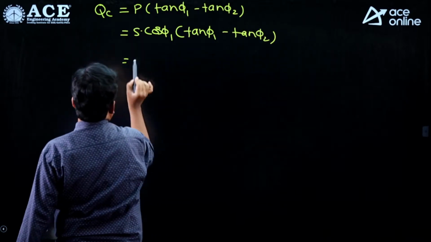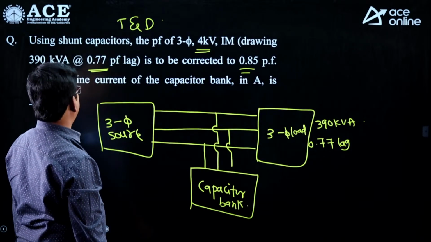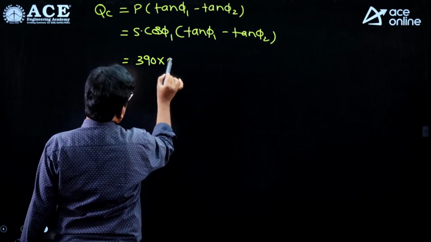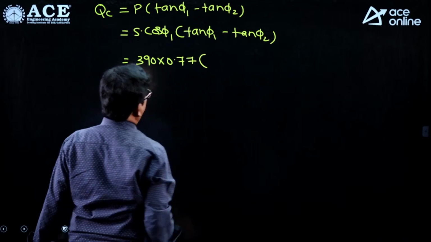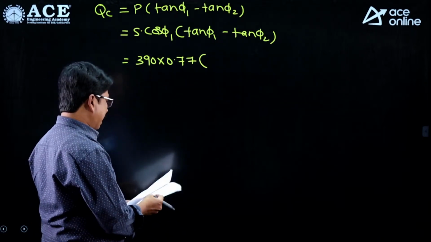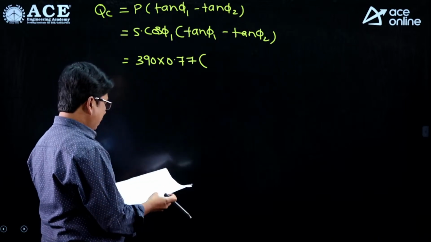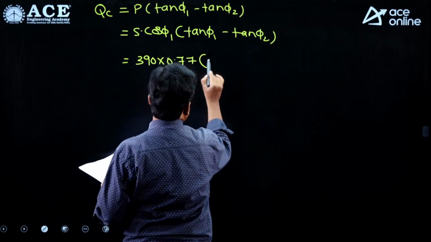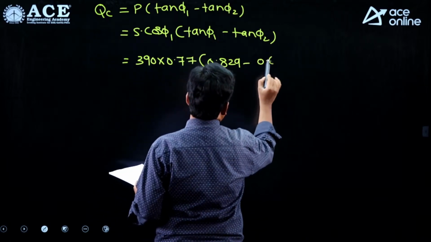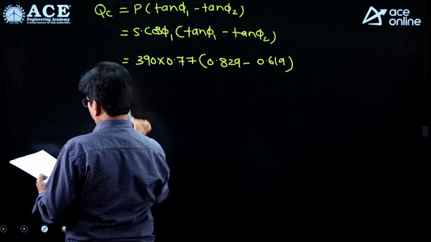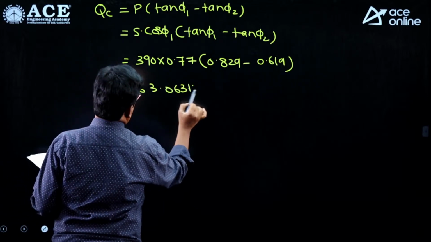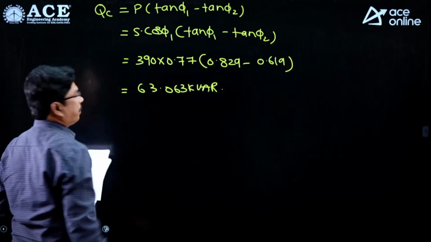Tan of cos inverse of 0.77, you are going to get 0.829, and tan phi 2 is 0.619. So this value QC you are going to get is 63.063 kVAR. That is the value of Q.